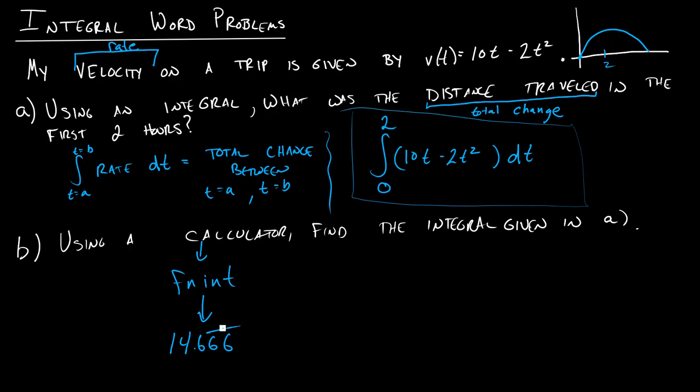What does this number mean? Well, this is my total change between t equals 0 and t equals 2. So this is actually my total miles traveled. It's the thing that's changing, right? The distance is what's changing. And so I traveled 14.66 miles.